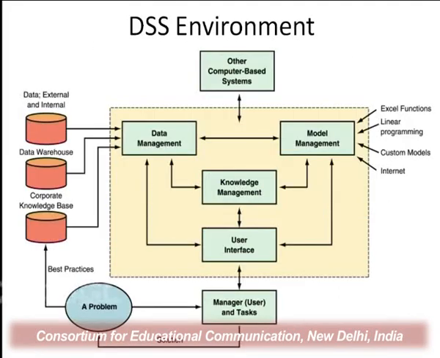If you look at this diagram, it shows the decision support system environment, and all the components discussed here can be shown in it. The data management component looks at data from the various databases, from the data warehouses, the data from internal and external sources, and the corporate knowledge base, from where the data is going to come from all the other sources.